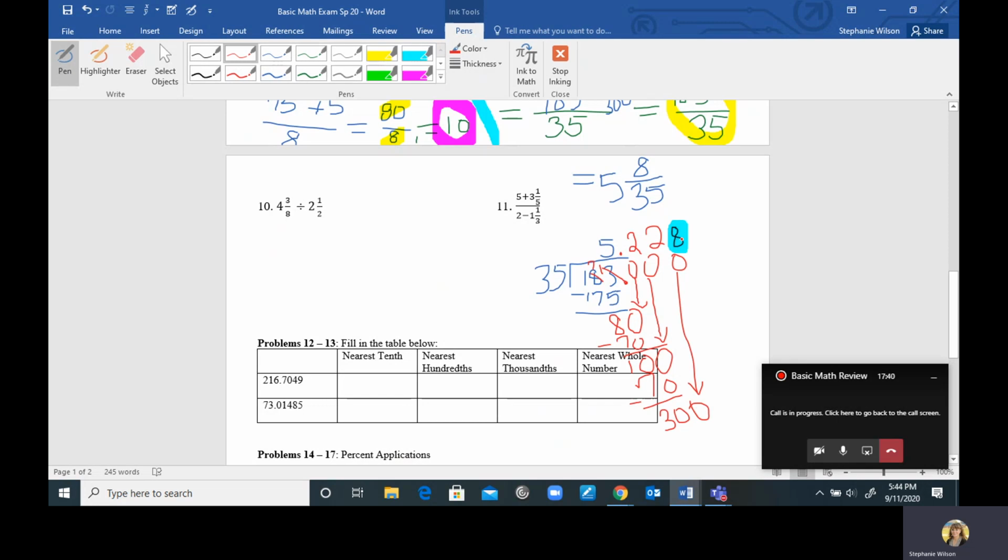If your answer is yes, then that means this goes up 1. If your answer is no, then we just drop that number off and we're left with these. In this case here, it is yes. So I'm going to put approximately because it's not exact, because we are rounding. And my decimal is 5.23. Yay.